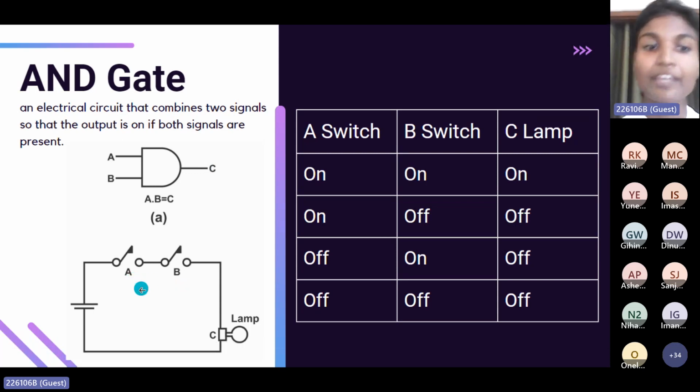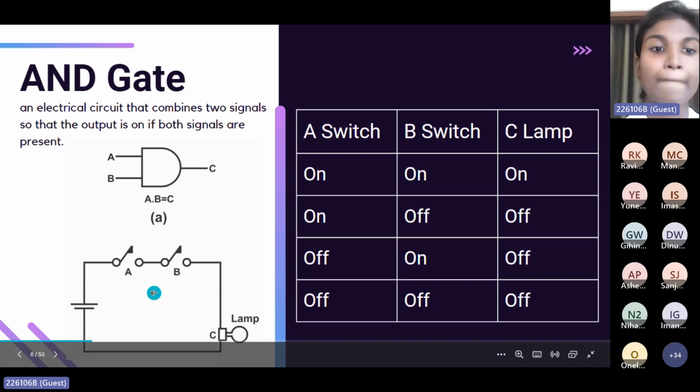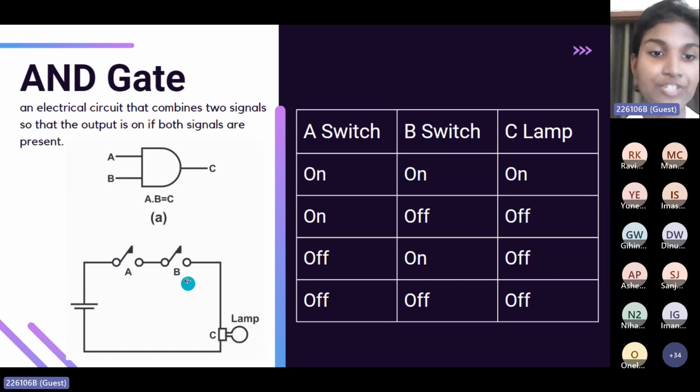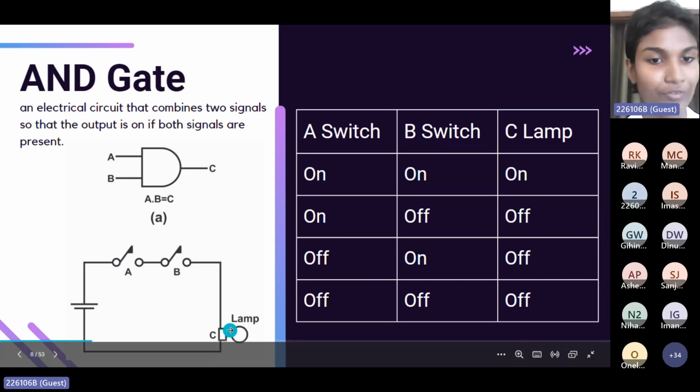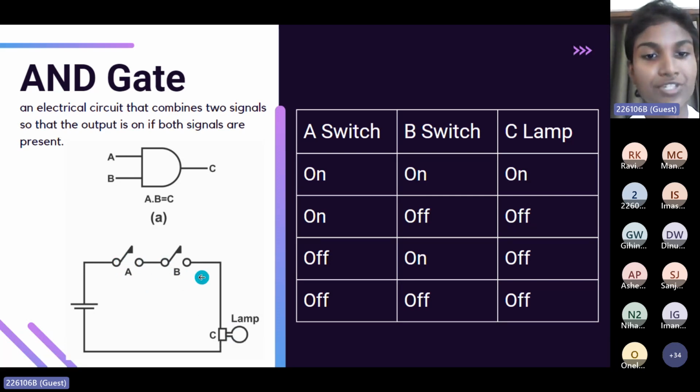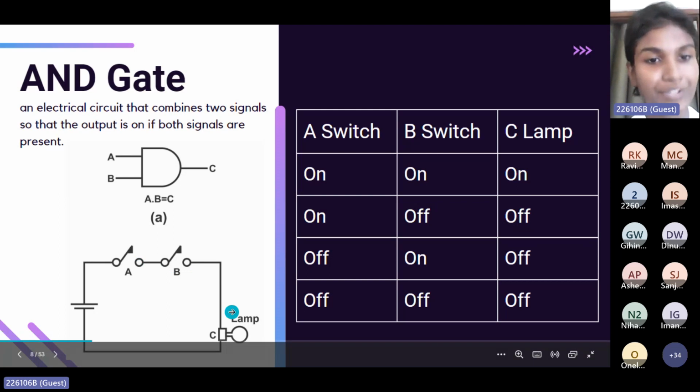In here, if both switch A and switch B are on, this lamp will be on. But if switch A is on and switch B is off, the lamp is off. And if switch A is off but switch B is on, still the lamp is off. And when A and B are both off, definitely the lamp is off.